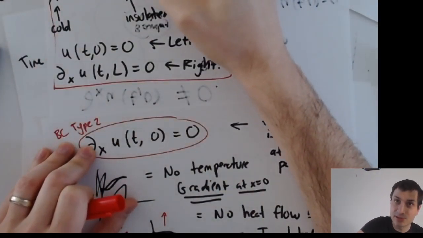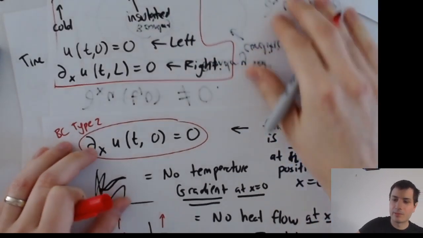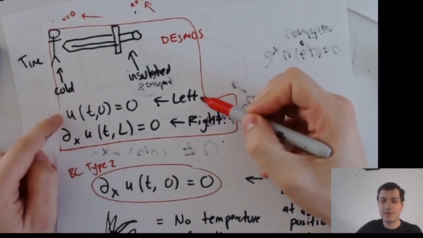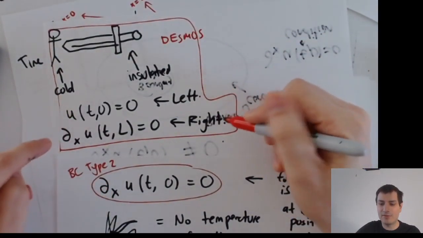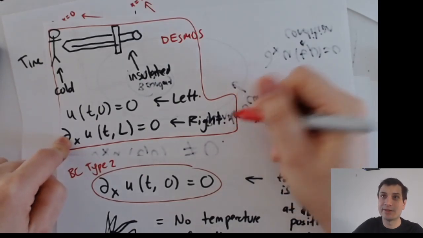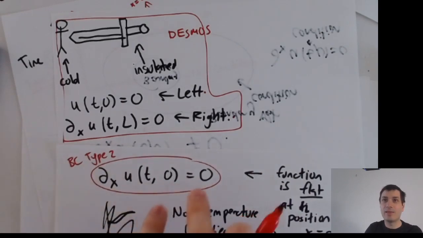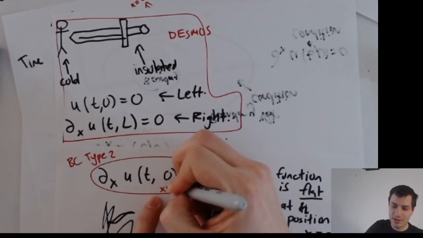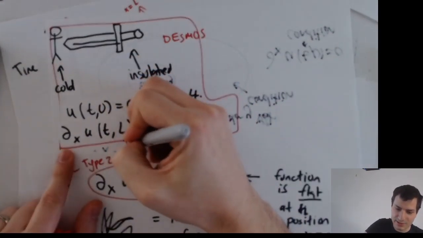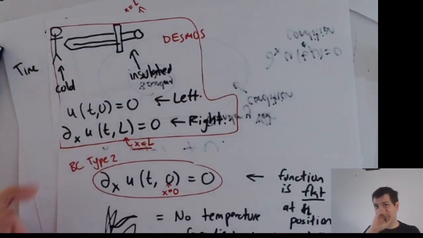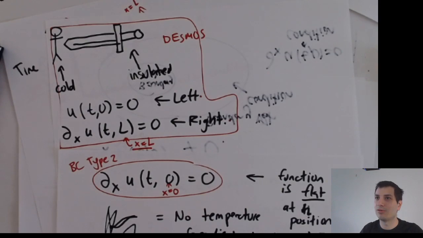In the Desmos problem, the temperature is fixed on the left, and then we have an insulated end on the right. And when I was talking about it here, this is insulated on the left. So this is at x equals 0, whereas in Desmos this was at x equals L. Maybe that's the confusion. So you have to specify what happens at either end, and there's two options at either end. I'm not sure if that answers Andy Wang's question.